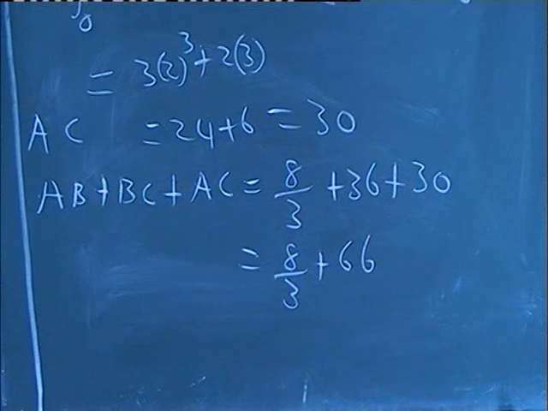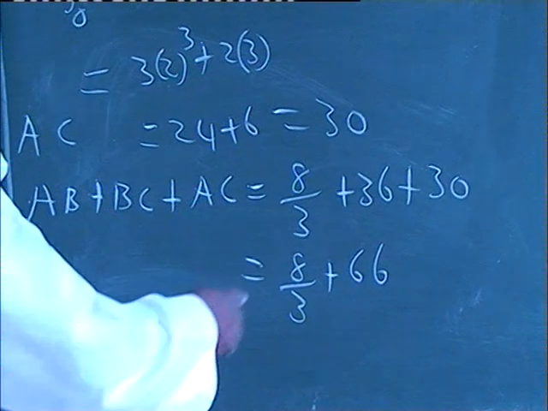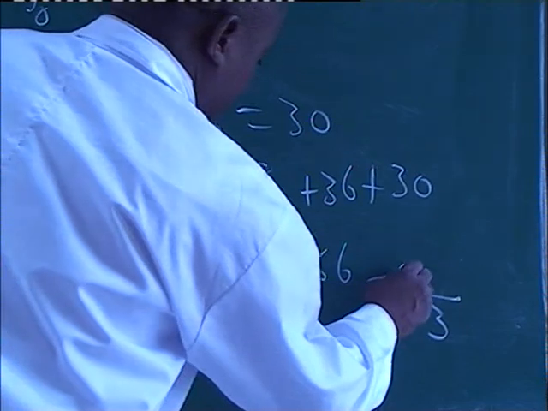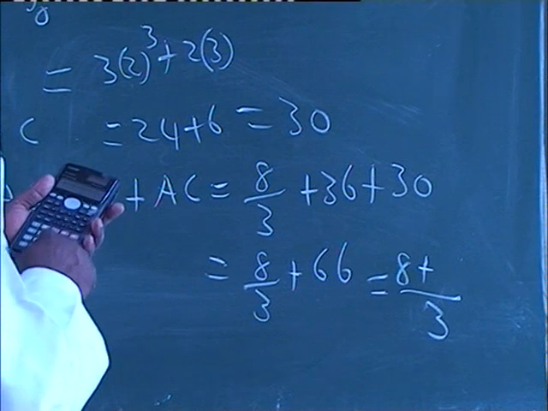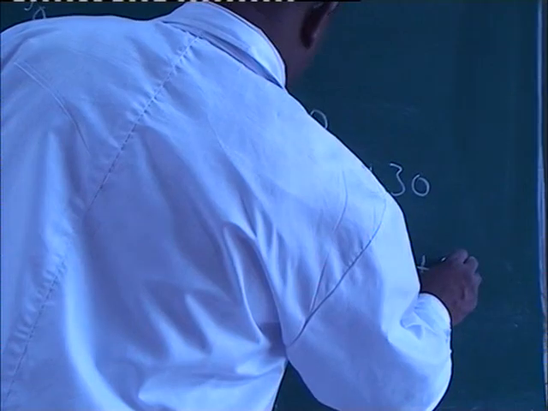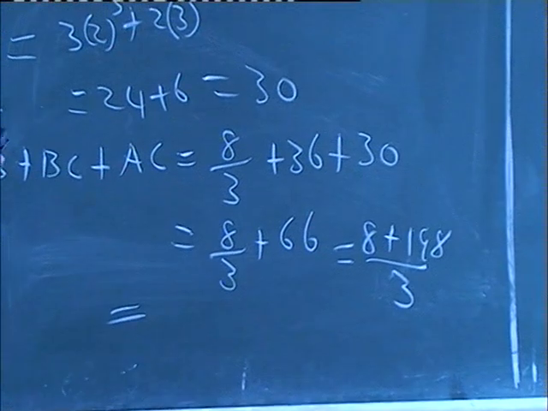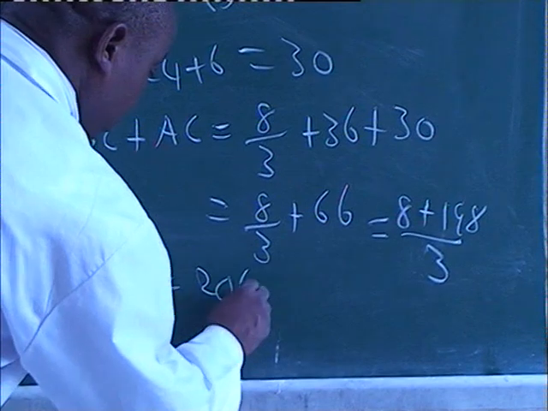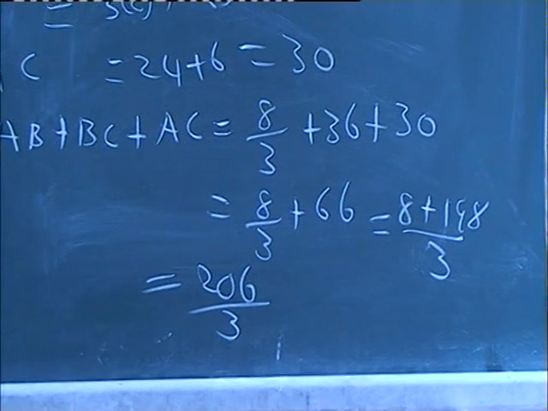So taking the LCM of this, we have 3 as the LCM, which is 8 plus 66 times 3. You see, 66 times 3 gives us 198. Yes, 198, and 198 plus 8 is 206 over 3.